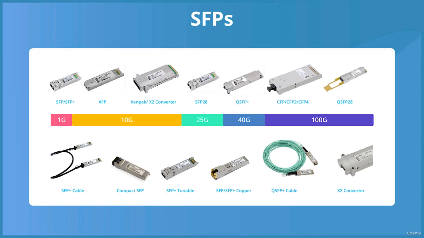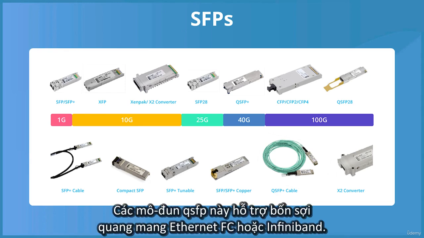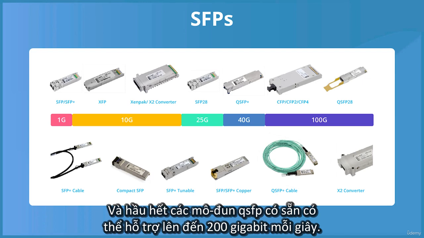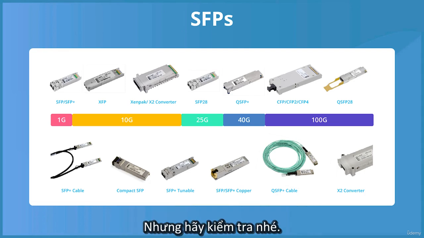Quad SFP, that's where the QSFP comes in. So these QSFP modules support 4 fibers carrying Ethernet, FC, or InfiniBand. Now, most available QSFP modules can support up to 200 gigabits per second. But check it out.